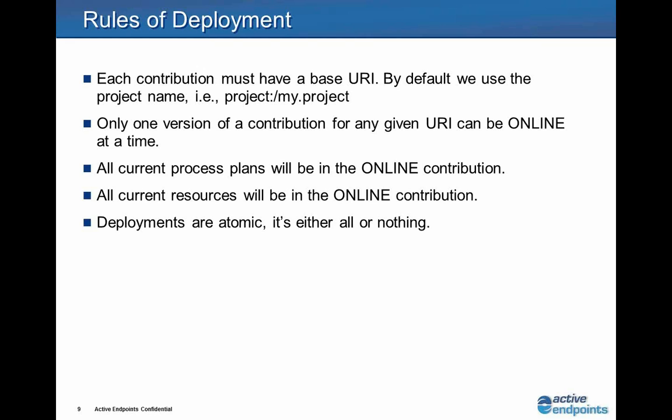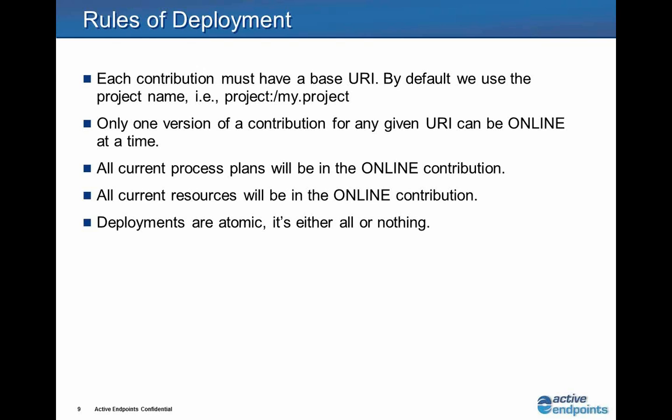And the rules are that, and this top one is really an important one, there's a smaller number of uniqueness requirements. One of the main uniqueness requirements now is that the contribution itself has to have a unique, what's called the contribution base URI. Within Eclipse, we use the project.